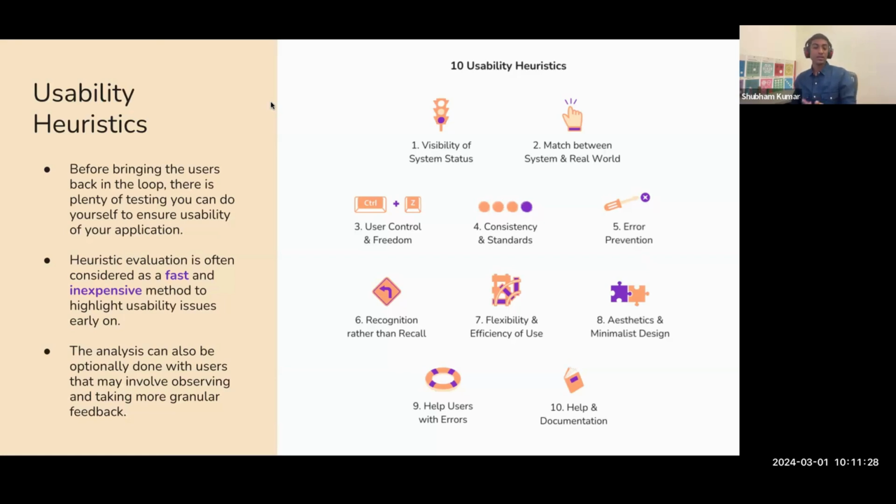The next one is recognition and recall. So information that is presented needs to reduce the cognitive load, minimizing the need for users to recall details from memory.